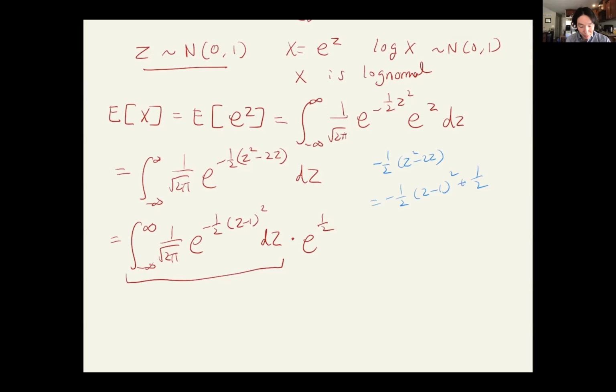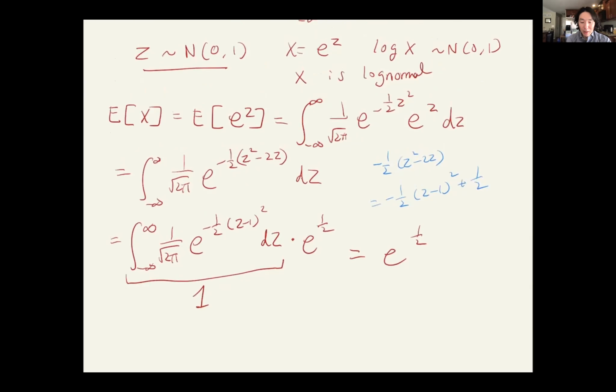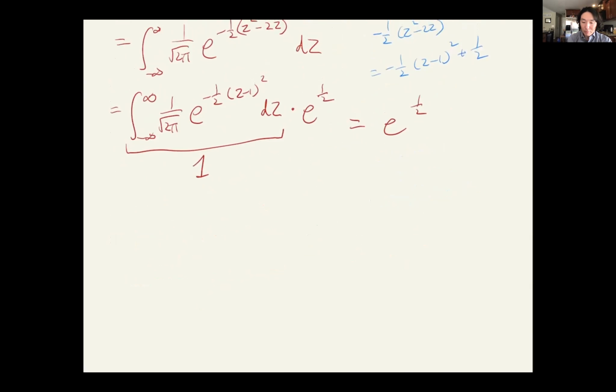It is a simple integral of the density function. This should be one. And you can do similarly for the expected value of Z squared as well.